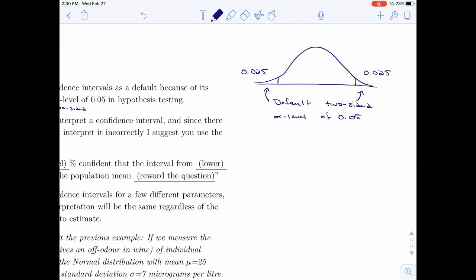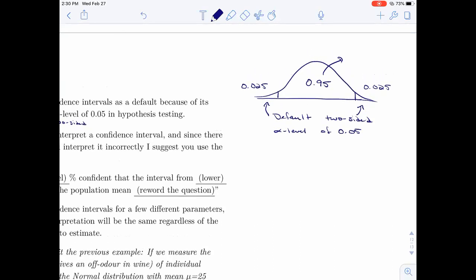Which is the same as saying you've captured between this point and this point the central 95%, or 0.95. So that's how they're related. Default confidence level.